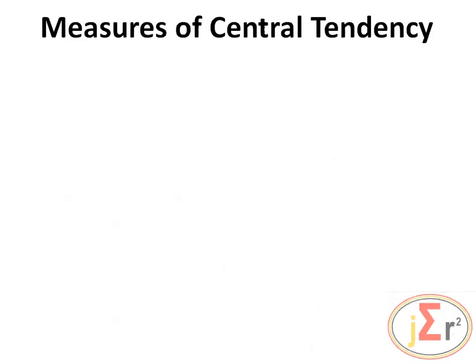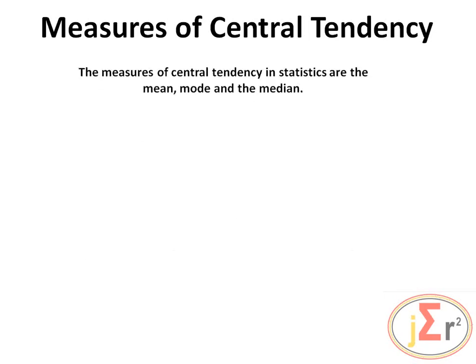We are going to begin our presentation on statistics by making mention of measures of central tendency. The measures of central tendency in statistics are the mean, mode, and median.